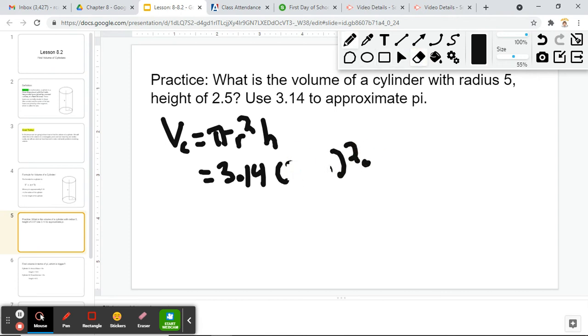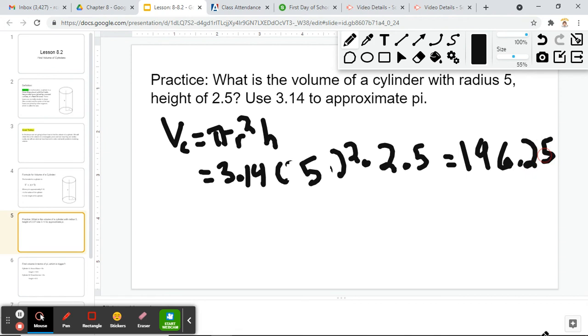The radius was 5. Apologize. And the height was 2.5. So there's a lot of numbers here. I just tell you guys to go to your calculator. So you can do 3.14 times 5 squared times 2.5, and that'll give us the number 196.25. And we don't have units right now, but this would be units cubed, because we're finding volume.